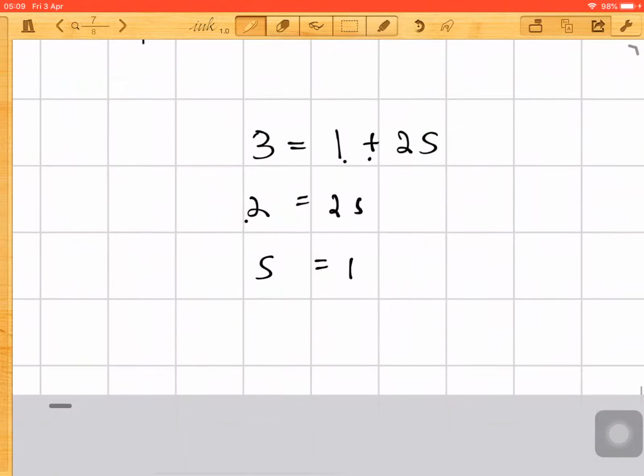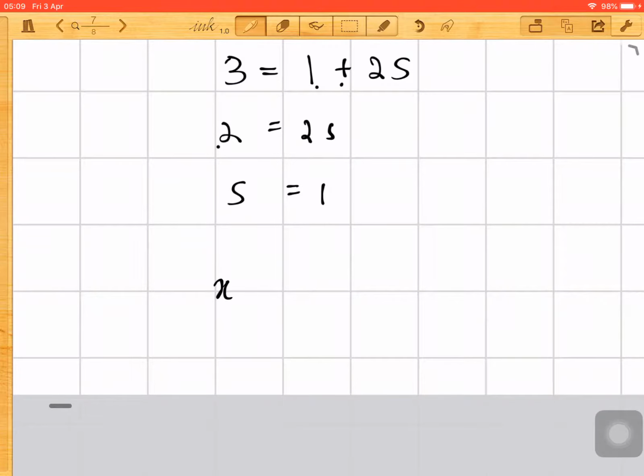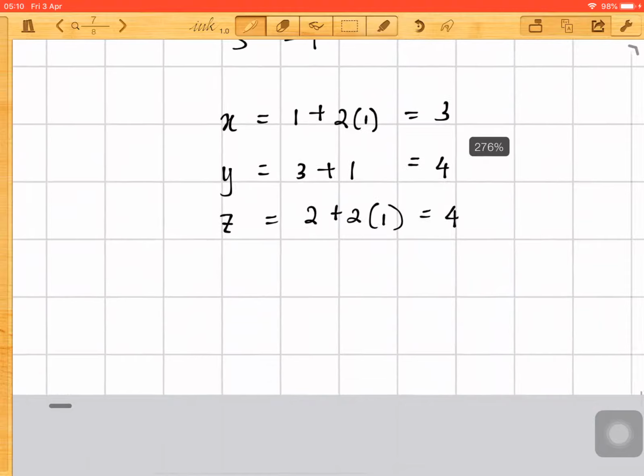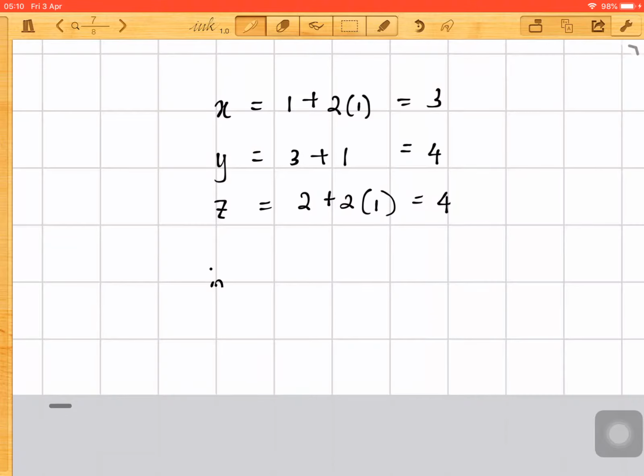Since I found s, I put it in: x is 1 plus 2s, which is 1 plus 2 times 1, 3. Y is 3 plus 1, 4. Z is 2 plus 2 times 1, which is 4 as well. So they will intersect at point 3, 4, 4.